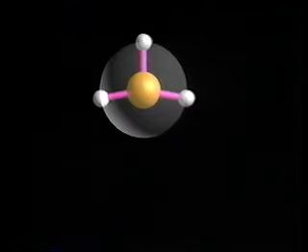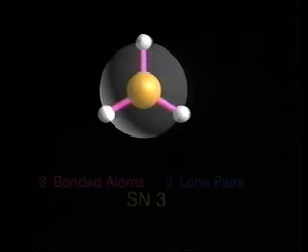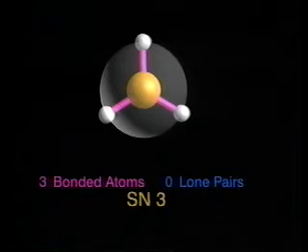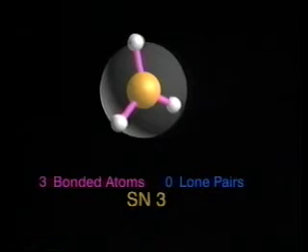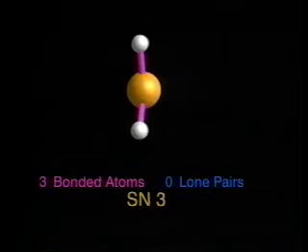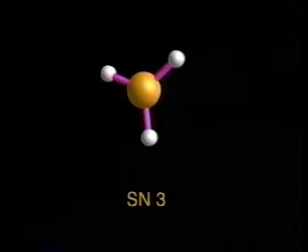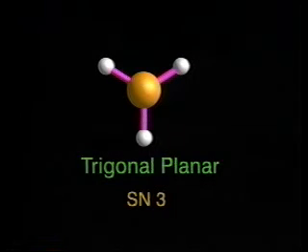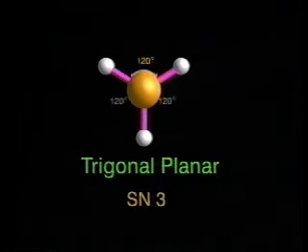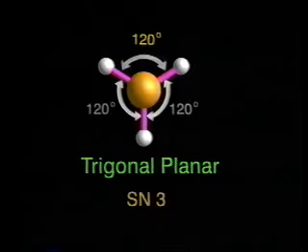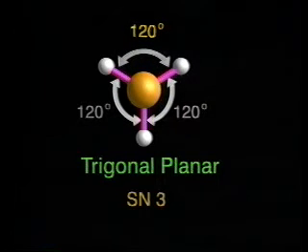These 3 bonds will repel on the surface of an imaginary sphere. 3 bonded atoms and no lone pairs produce a steric number of 3. The molecular shape is named trigonal planar, and the bond angles are all 120 degrees.